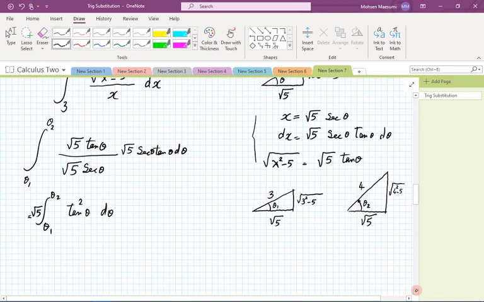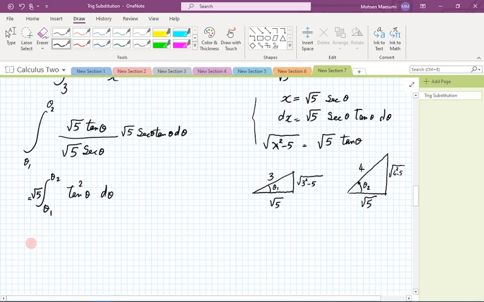Okay, we have learned in the previous section how to handle this. How do I integrate tan squared? It's actually from calculus 1. Well, easiest thing, write it as secant squared minus 1. Tan squared is secant squared minus 1. Why do that? Because the antiderivative of secant squared, we know what it is.